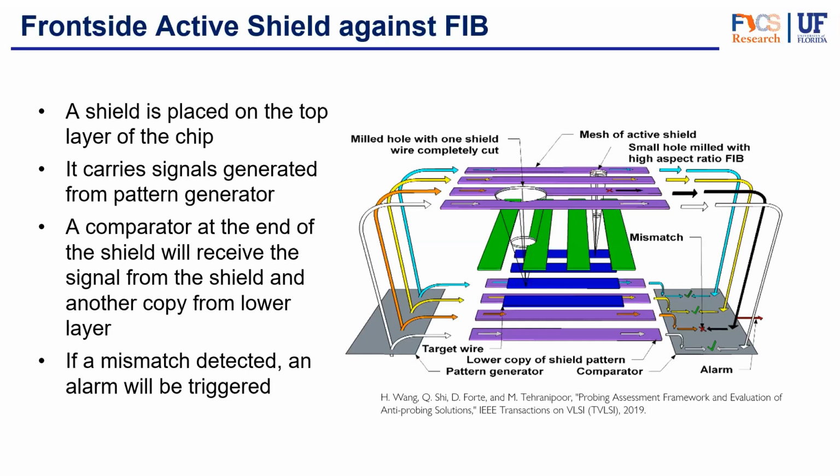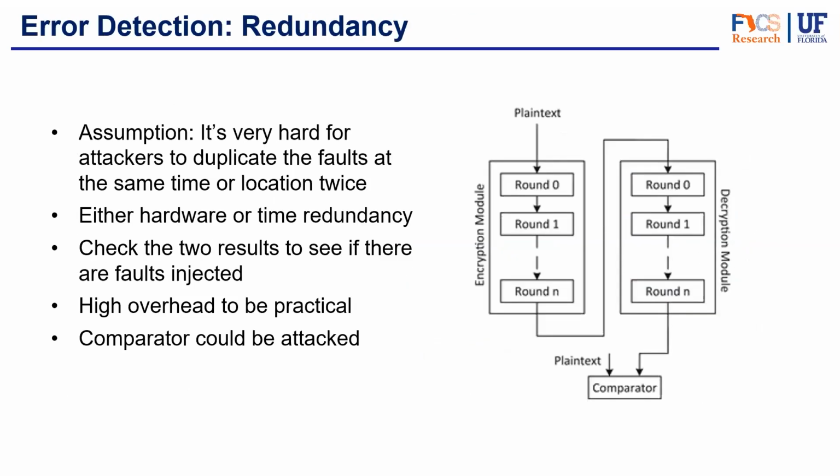As we said, they are very expensive, and we don't know which part of the design we need to apply these countermeasures to, so ultimately we may end up protecting the whole design. The other class, error detection and recovery mechanisms, is mostly based on redundancies.